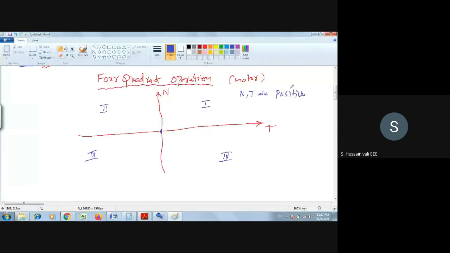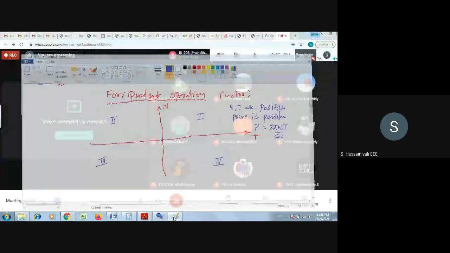So when speed and torque both are positive, what is power? Power is also positive. Why is power positive? You recall power is 2 pi NT by 60. So power is proportional to the product of speed and torque. As both are positive, their product is also positive. So the power is positive in the first quadrant.